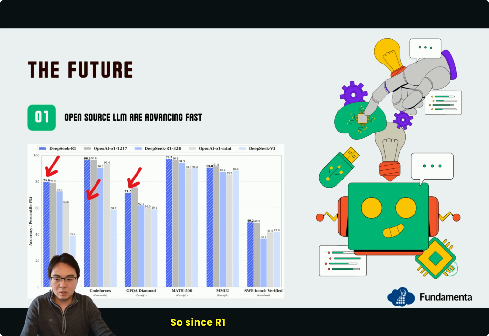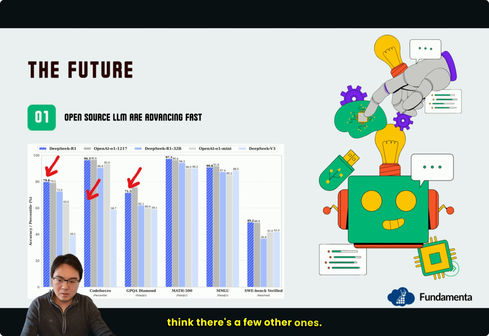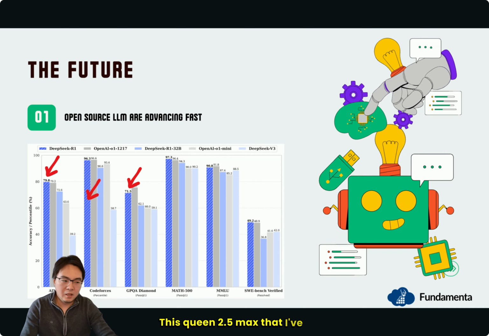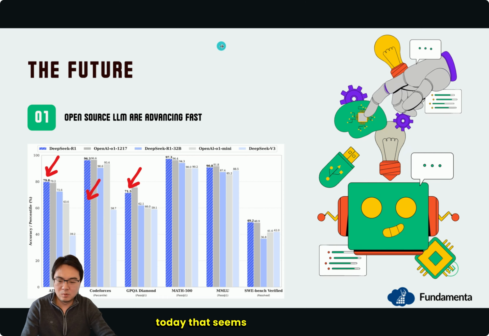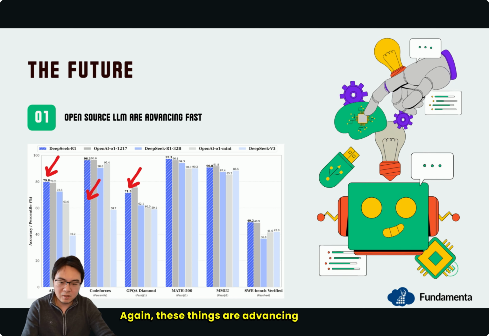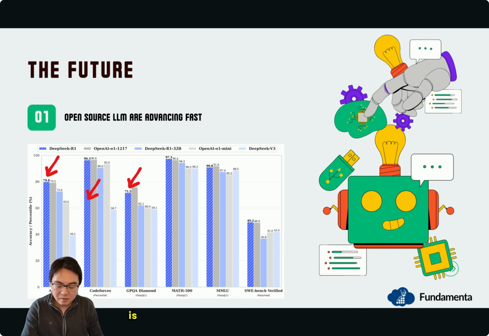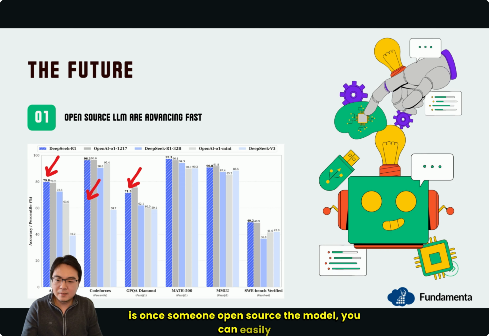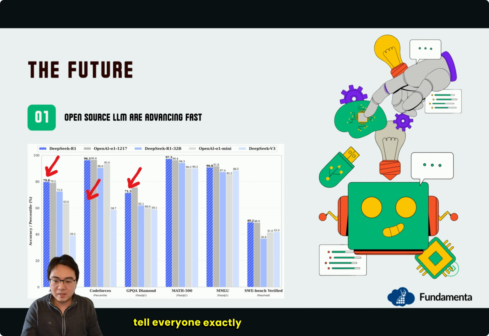Since R1 was announced, there have been a few other ones. This Qwen 2.5 Max that I saw today seems to be beating R1 again. These things are advancing very fast, and the key is that once someone open sources the model, they tell everyone exactly how they did it, right?